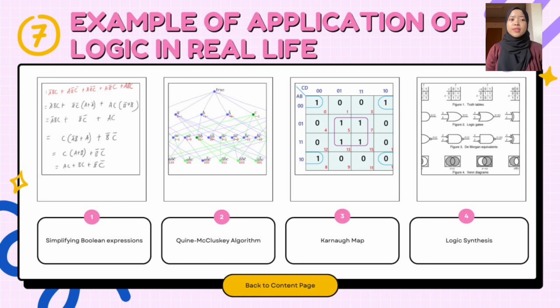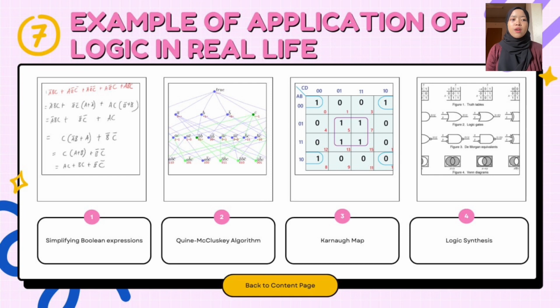Next, we have the Quine-McCluskey algorithm. This is a method for simplifying the Boolean expressions of a logic circuit by finding the essential prime implicants and then using them to find the simplest possible Boolean expression that describes the circuit's behavior.